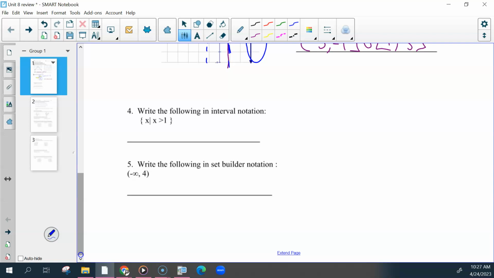If it's x is greater than 1, where would that start? That's where it would end. It would keep going to infinity, but where would it start? 1. So then would the 1 be a square bracket or a parenthesis? It doesn't have the equal to, so it'd be the parenthesis.